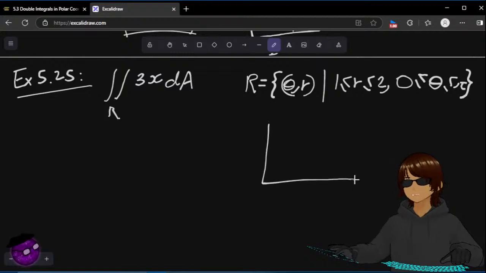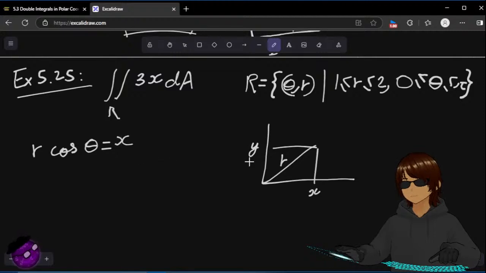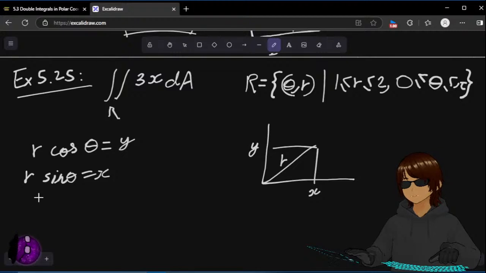So in the xy plane, if we have this x y, then we have r, then r cos theta gives x, sorry, gives y, r sine theta gives x, and then tan theta is opposite over adjacent.